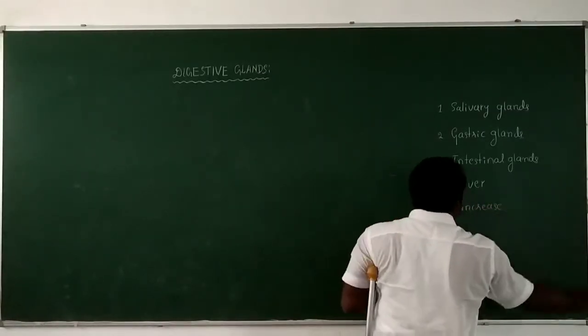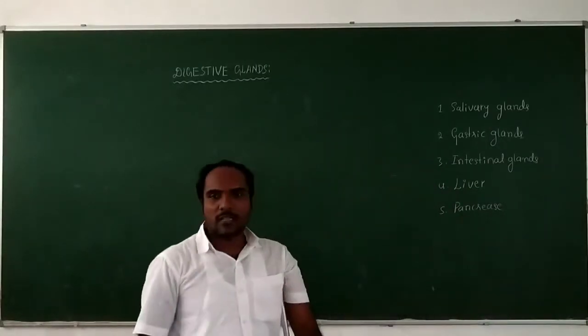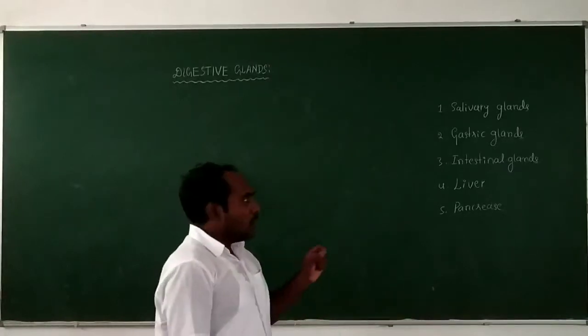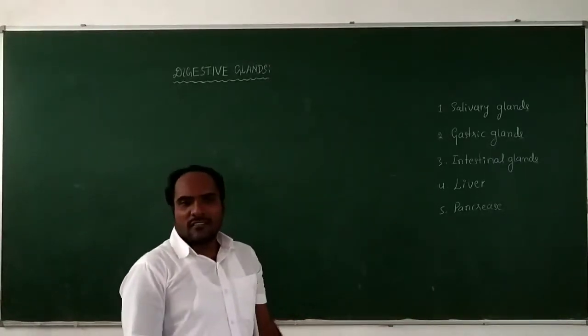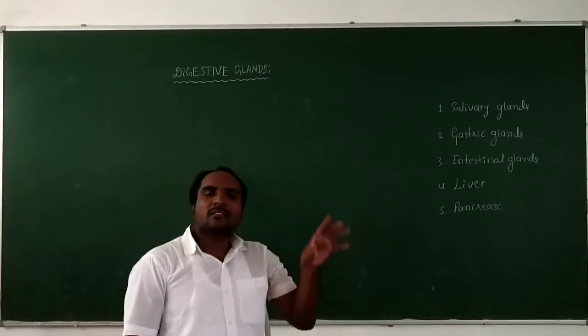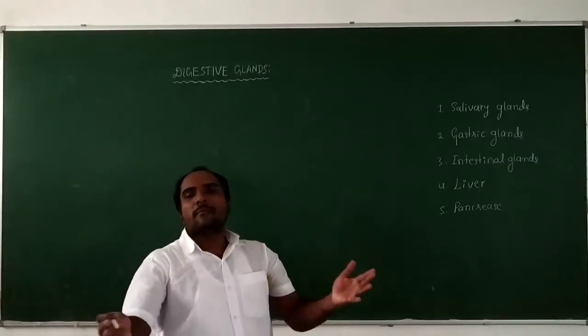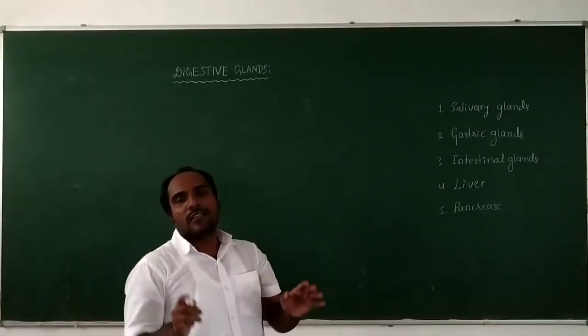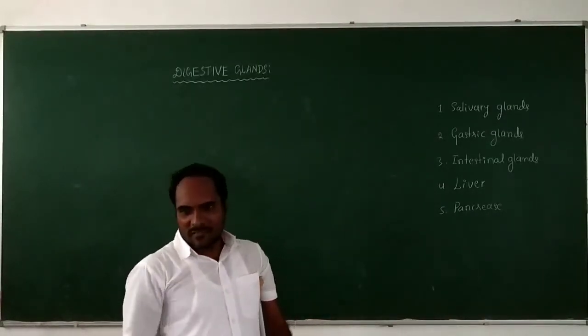These are the 5 types of glands associated with the digestive system of man. What is their function? Their function is to secrete juices, and those juices contain many enzymes. With the help of those enzymes, the food is going to be digested.